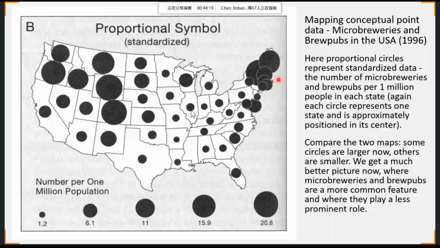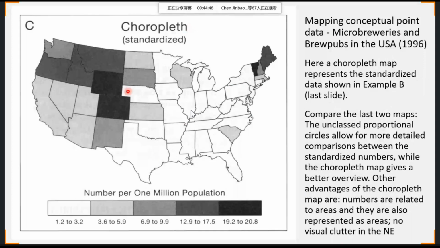Because I don't know where exactly are the boundaries of the states, you cannot see them. And when you look at such a map, you see points. But as these are conceptual points, they represent areas. So here points represent areas. And the advantage of the choropleth map is here area represent areas.